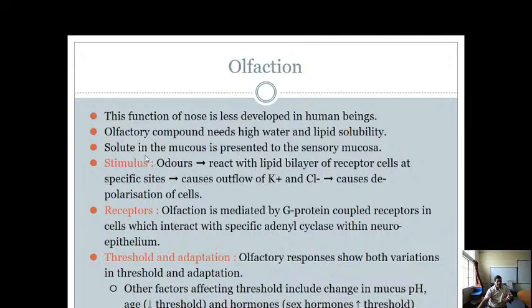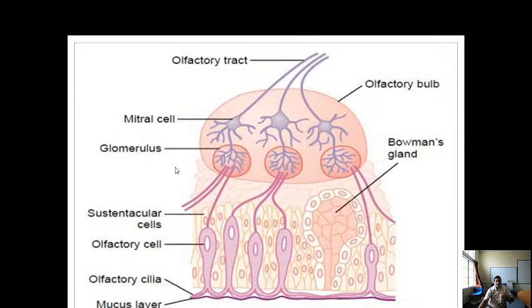From a flower, you have various odorant particles which come into the nasal cavity and mix with the mucous layer. Then the olfactory cell cilia generate an action potential when they are bound there, and from there the nerve impulses travel.